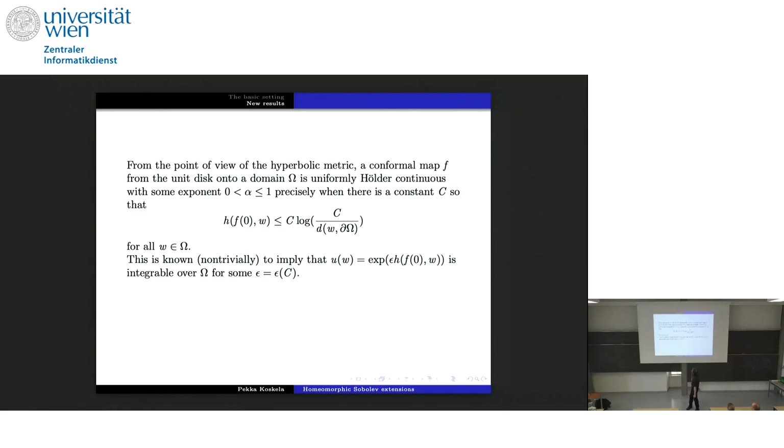Sorry, I didn't tell what f is. F of 0 simply means that you take a conformal map from the disk onto your domain, and you look at the image of 0, because then the formulas are nice in the disk. So you can transfer the formulas from the disk. This guy is exponentially integrable.